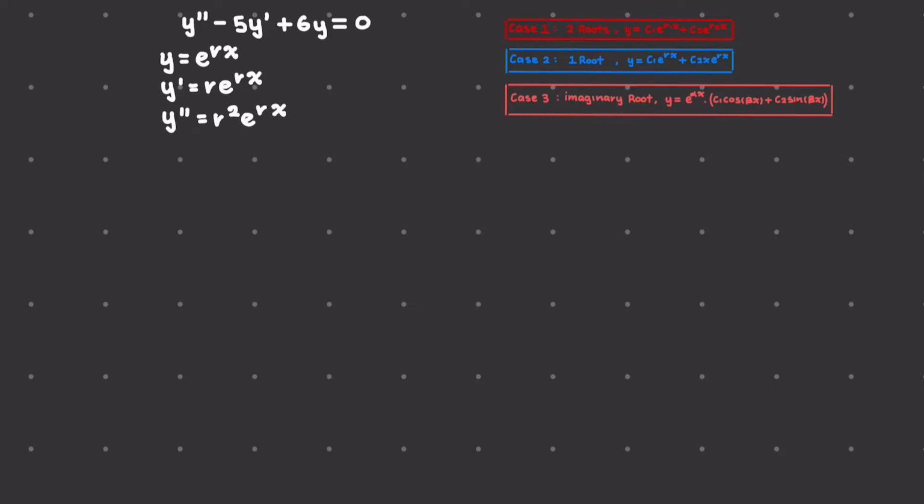Now substituting everything into our second order linear ODE, we get r squared e to the rx minus 5 times our y', r e to the rx, plus 6 times y, which is just 6 times e to the rx, equals 0.